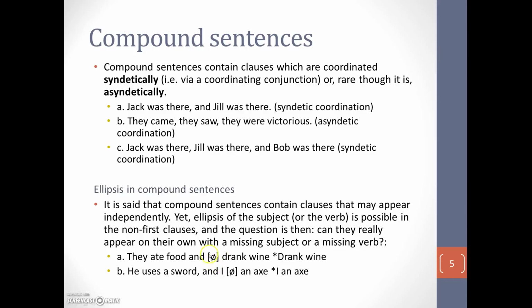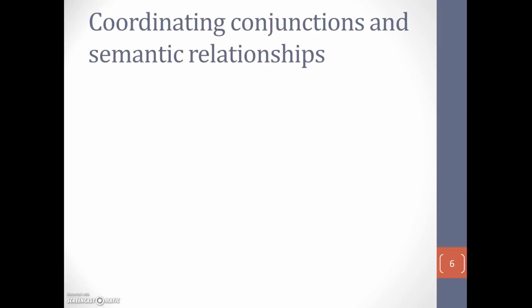Obviously it should be "they drank wine". But we can say "they ate food and drank wine", but we can't say "drank wine" on its own. That's not a clause. And again here we have left out the verb, but obviously you can't say "I and X". So when we have ellipsis, it does change that: no longer can we say that the two clauses can occur independently.